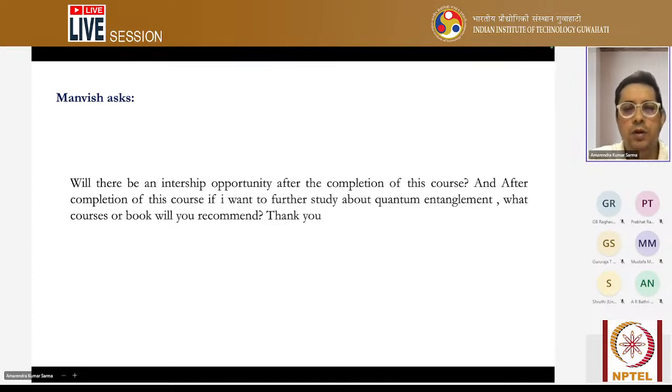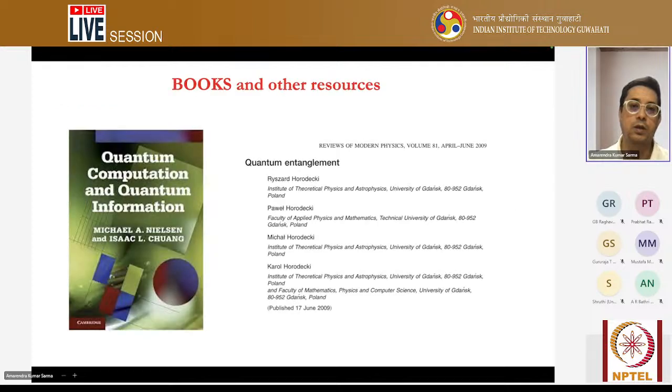There are chapters, or even just sections, on quantum entanglement here and there in many quantum mechanics or quantum optics books, but there is not a full-fledged book. For example, in the famous book by Nielsen and Chuang, you will get to know a lot of things about quantum entanglement, but there is not a dedicated book as such on quantum entanglement.